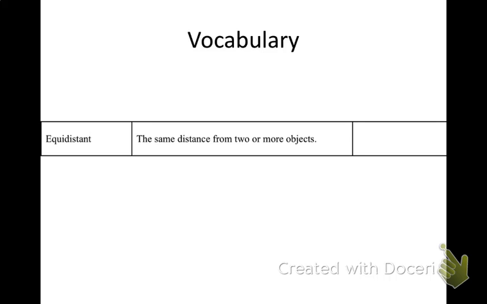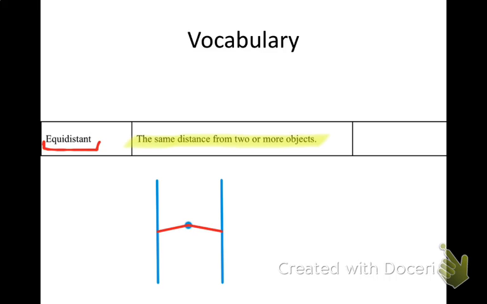All right, vocab today. Equidistant. Equidistant means the same distance from two or more objects. So a point is equidistant if it is the same distance from two or more objects. So if I have two lines and I put a dot right in the middle, hopefully, that dot is equidistant to my lines.